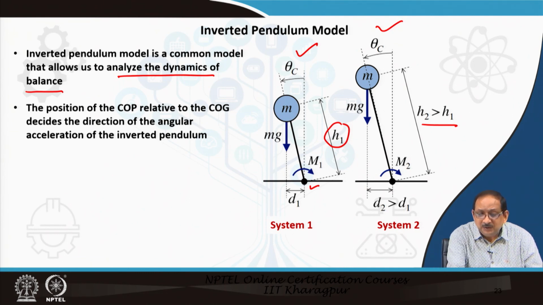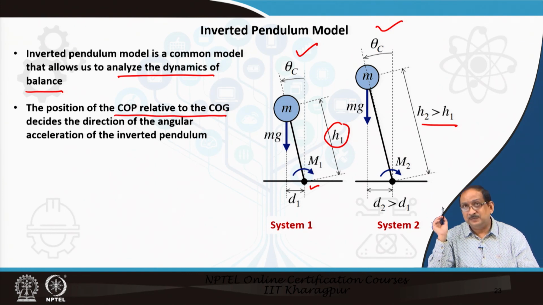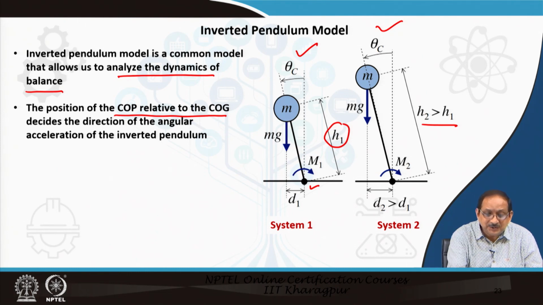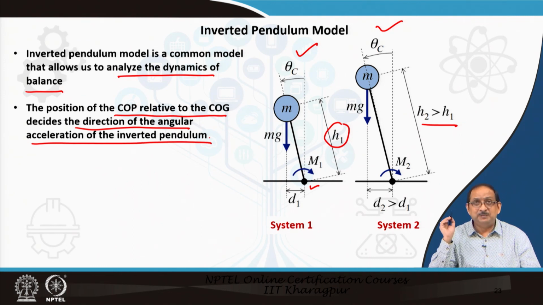Now, the position of the center of pressure relative to the COG, the center of gravity, decides the direction of the angular acceleration of the inverted pendulum.